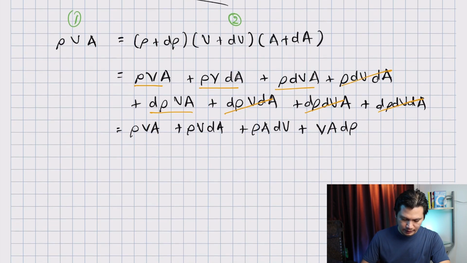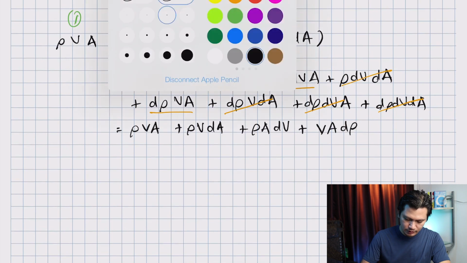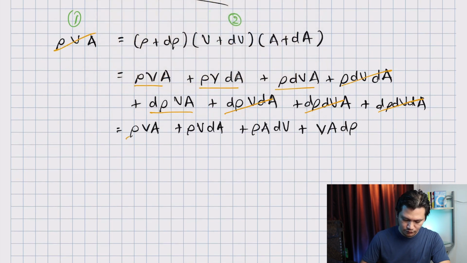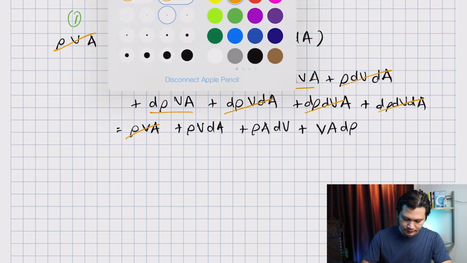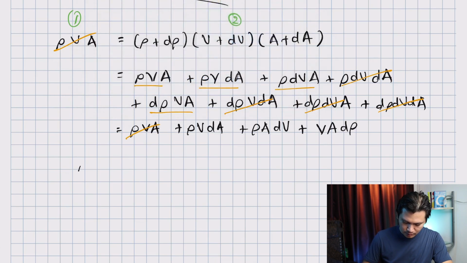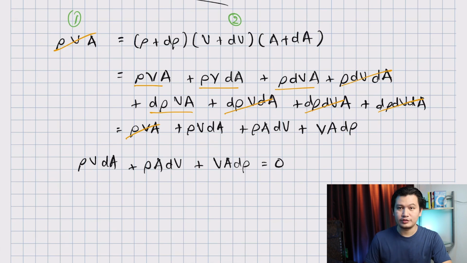And these two can be cancelled out because you have rho VA on the left and on the right. So you will end up with rho V dA plus rho A dV plus VA d rho equal to 0.